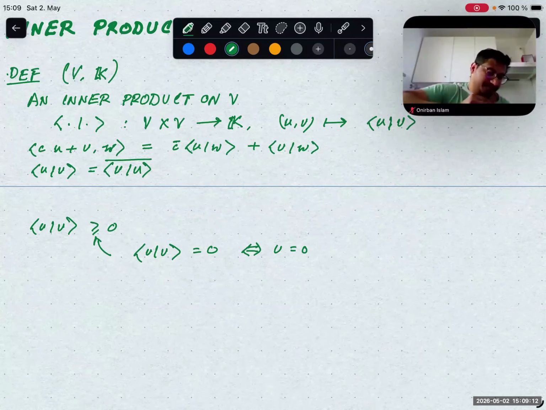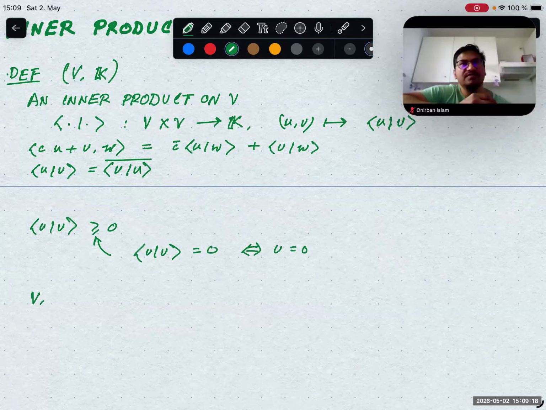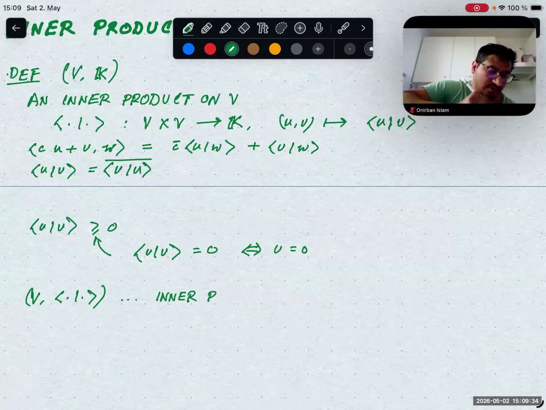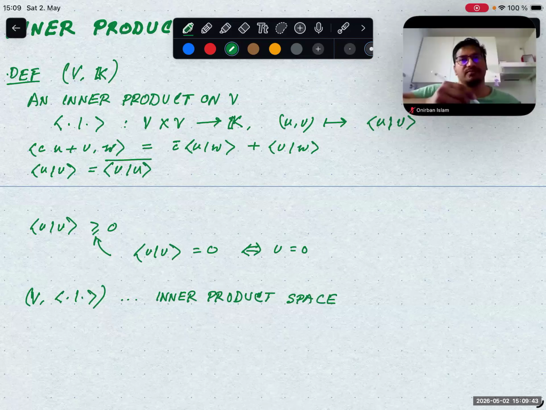And a vector space, with the field K fixed, so I will not write this notationally, endowed with an inner product is called an inner product space, or inner product vector space.